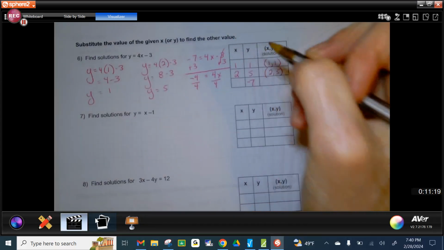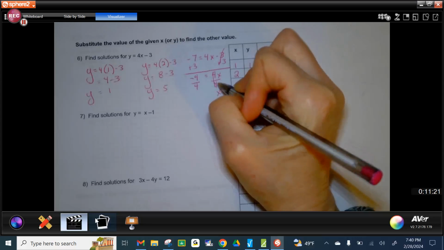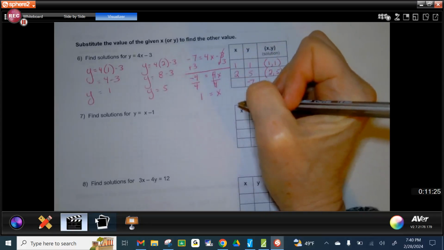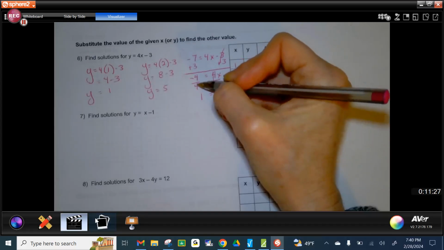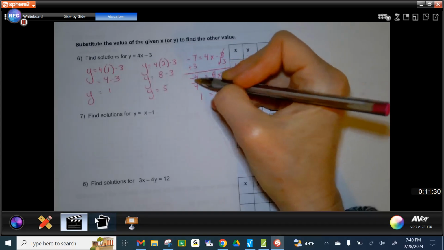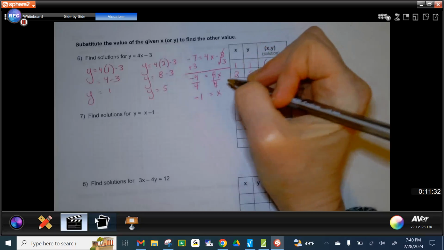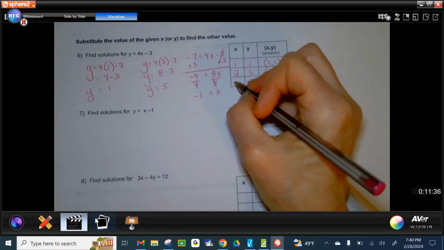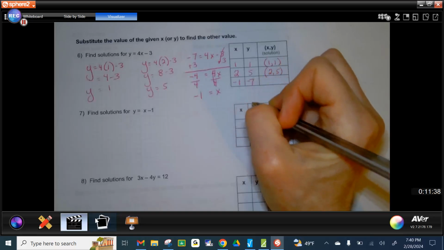So we get x on the right hand side, and 4 divided by 4 is 1. It's a whole, right? And then we have negative divided by positive, so that's negative. So our answer is negative 1. So when y equals negative 7, x equals negative 1.